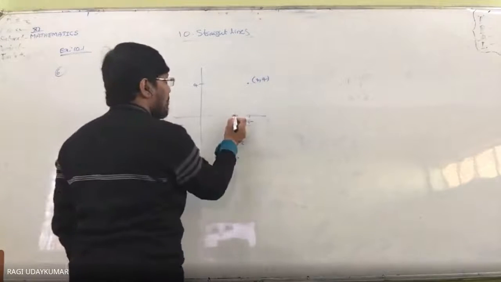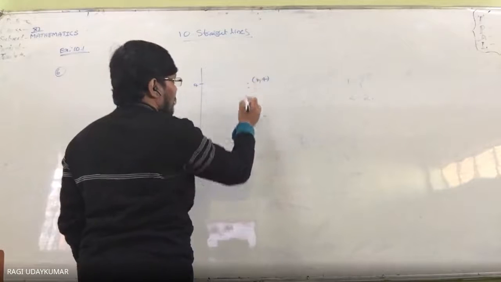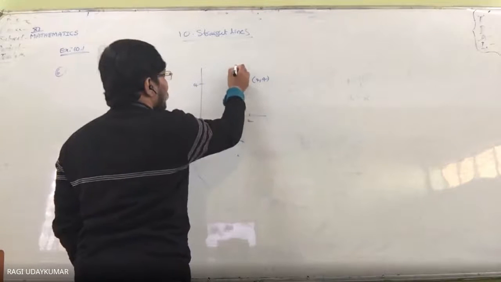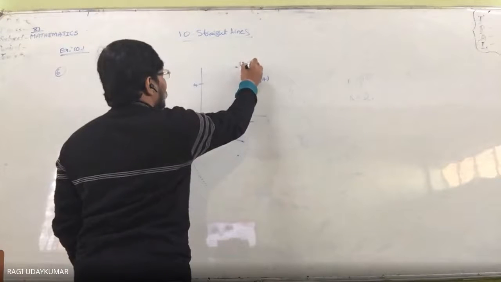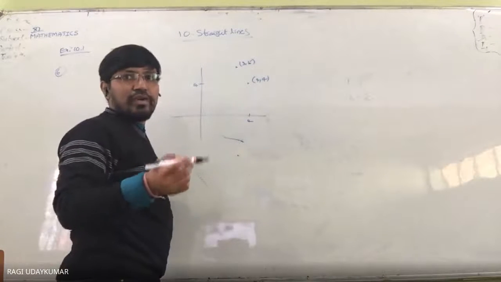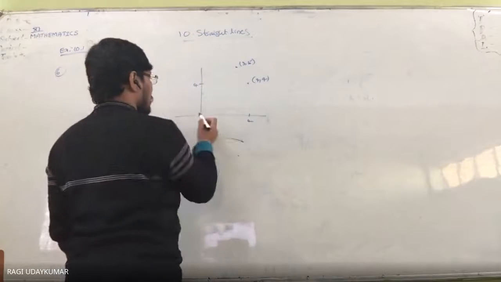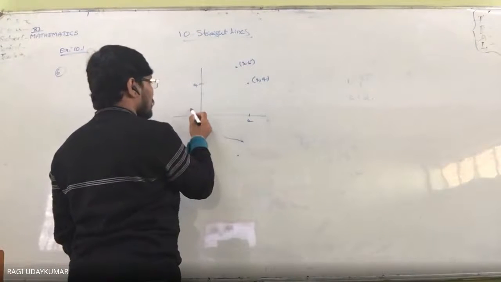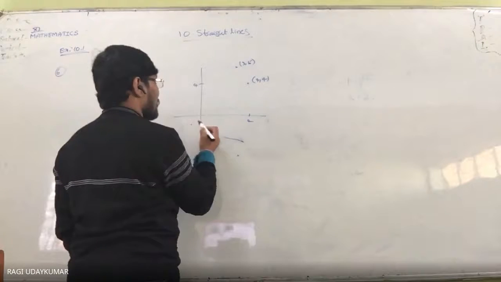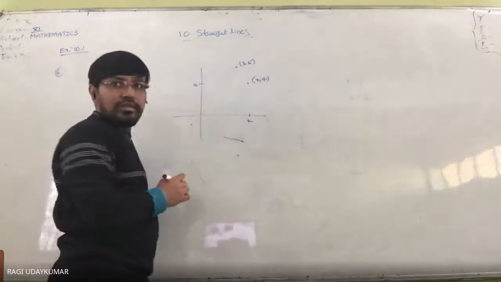Another point is 3 comma 5. Sorry, 3 comma 5 will be here. Another point is minus 1 comma minus 1. This is the point.